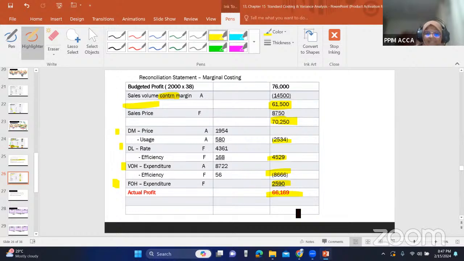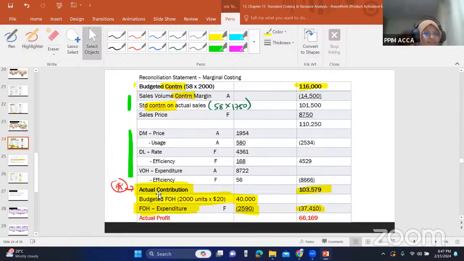So it's a lot easier if they ask you to reconcile budgeted profit with actual profit using marginal costing principles. But there is a small problem: by doing the statement like this, you miss out on a very important figure. What is that figure? The actual contribution.